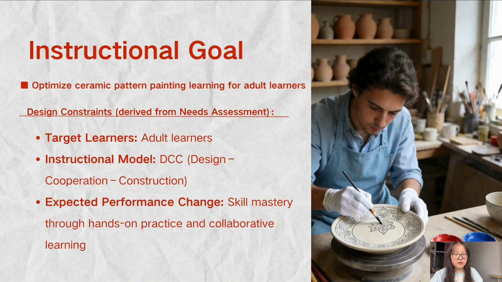Our target learners are adult learners, and the instructional model applied is the DCC model, which stands for Design, Collaboration, and Construction. The expected performance challenge is that learners will achieve skill mastery through hands-on practice and collaborative learning.